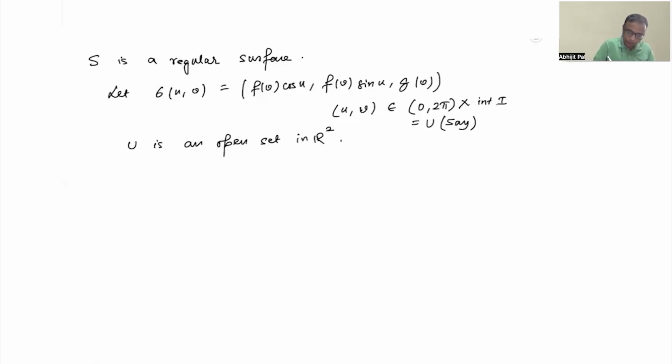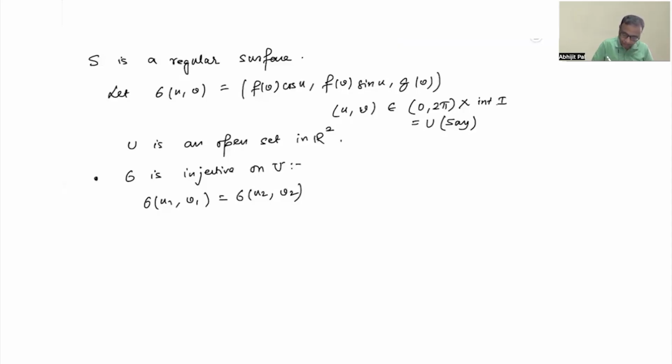So first observe that sigma is injective on U. Why is this true? Suppose sigma(u1, v1) equals sigma(u2, v2). I have to prove that u1 equals u2 and v1 equals v2.